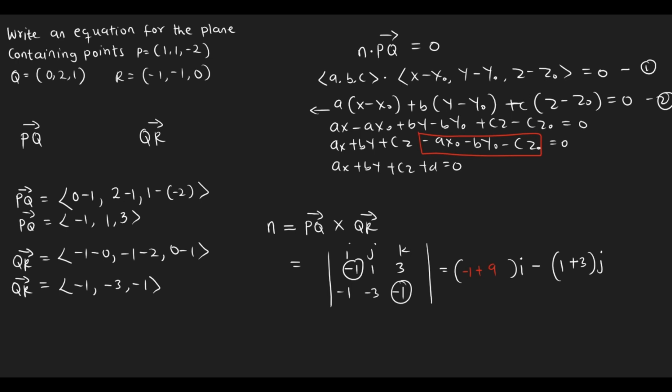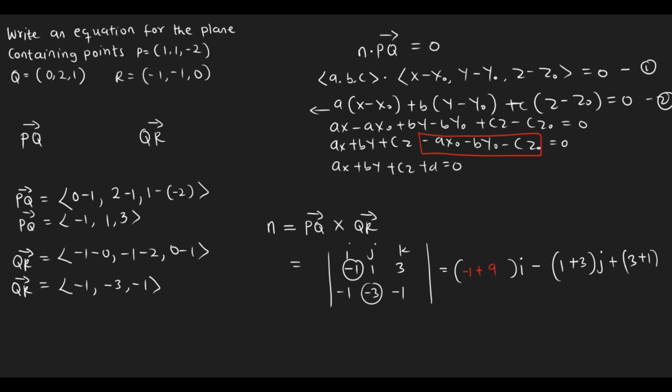Okay, so plus, then we are considering the k direction. So we are going to have -1 multiplying -3, and then that's going to give us a value of 3. Okay, and then we are going to have 1 multiplying -1, that gives us -1. Then because we are going to subtract, we are going to have +1.